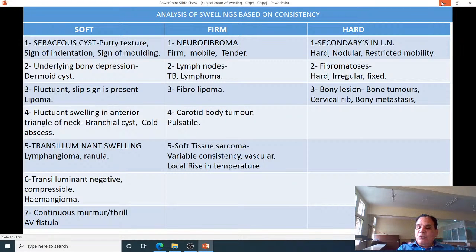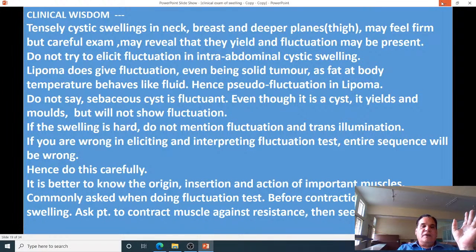And bony hardness is a bony lesion. What are the common bony lesions? Bone tumors, cervical rib, and bone metastasis. A cervical rib can also be easily palpated as a hard swelling just above the clavicle. This is also a diagnosis. So this is how you can analyze the swelling based on consistency.